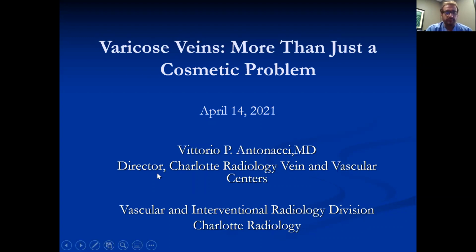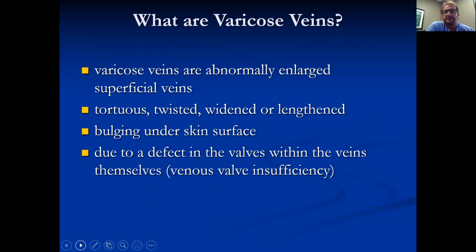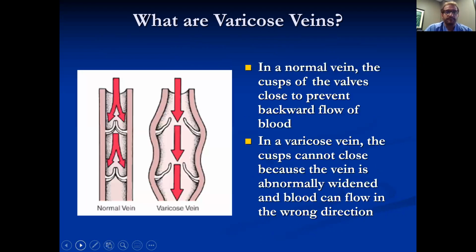We'll get started with a little bit of a review of varicose veins. So varicose veins are abnormally enlarged, dilated veins that you'll see in the lower extremities predominantly, and mostly because of gravity. In the past, we've thought it was a defect in the valves. It's actually a defect in the vein wall itself that leads to the valves becoming dilated. And over time, the blood that should be heading back up towards the heart winds up pooling in these veins and distending them.